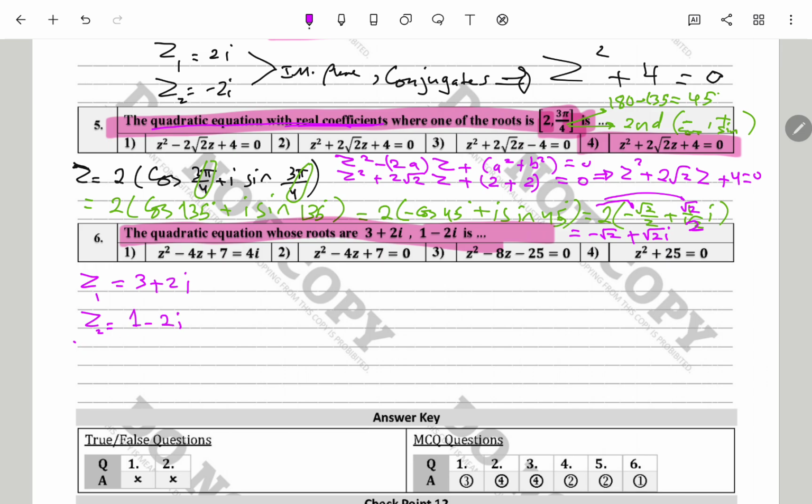I can add them first, z1 plus z2, by adding reals together and imaginary together. So this will give you 4 and imaginary will give you 0. So you will get 4, and you can multiply them. z1 times z2 will give you 3 plus 2i times 1 minus 2i.